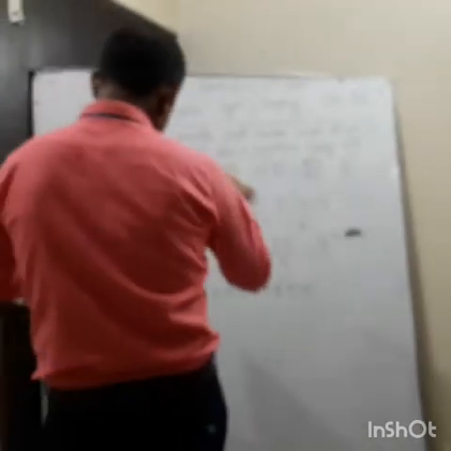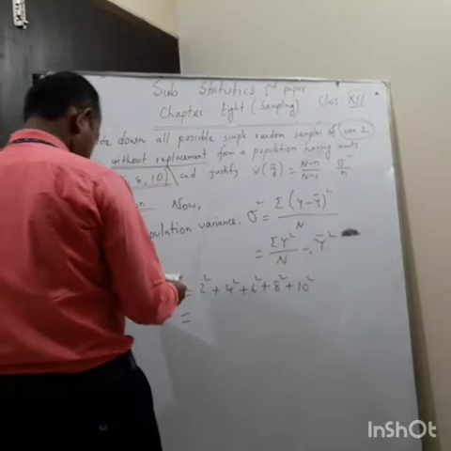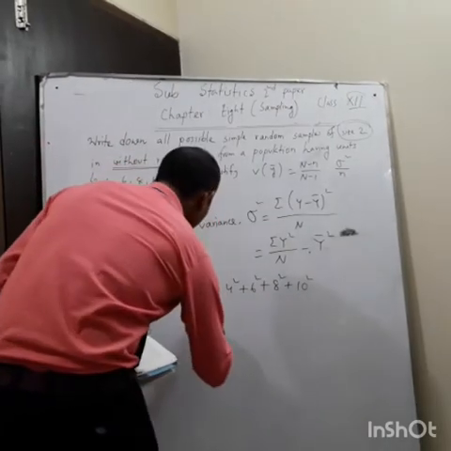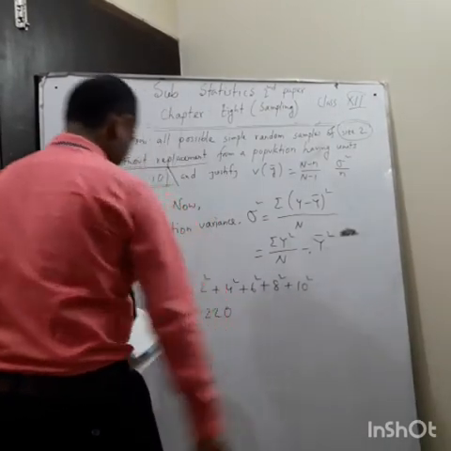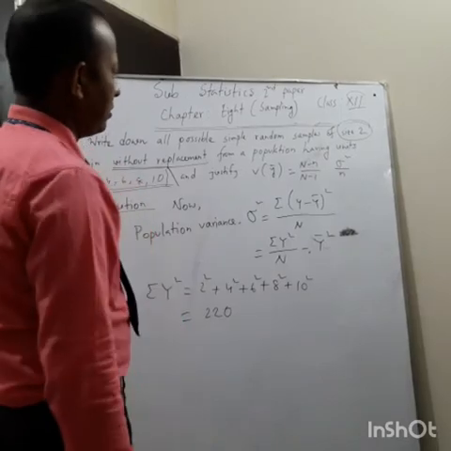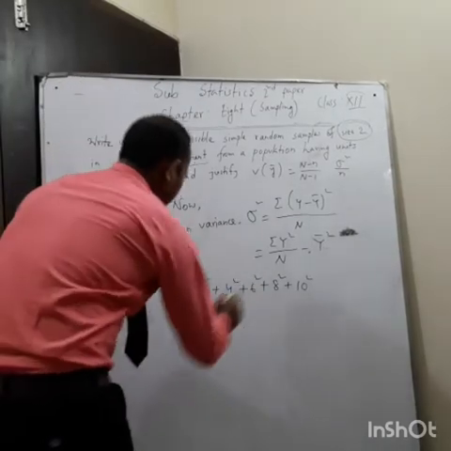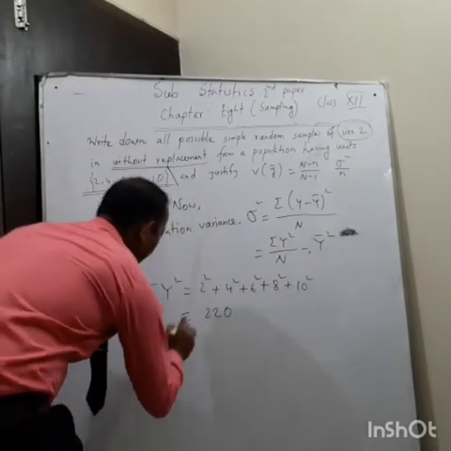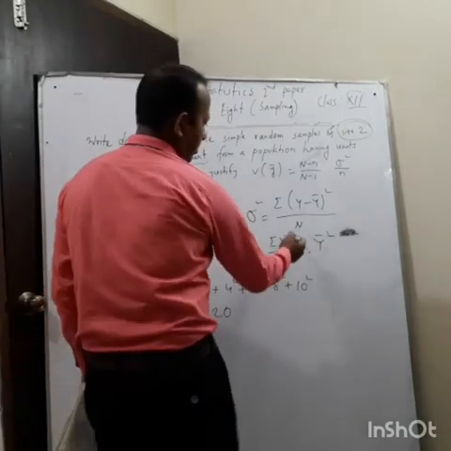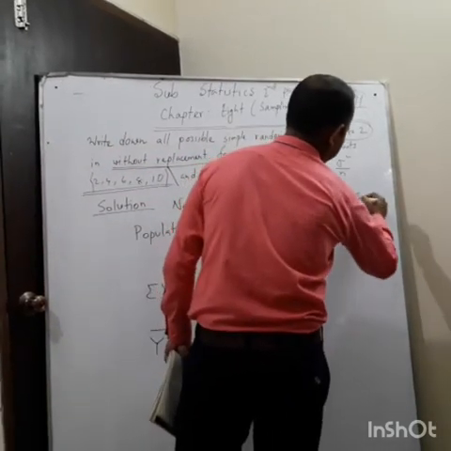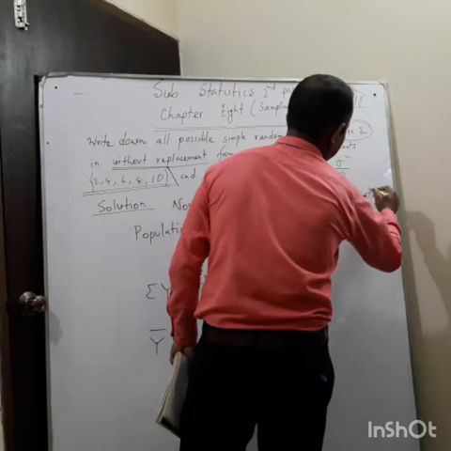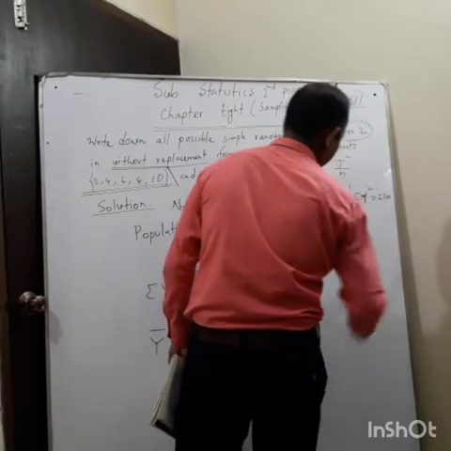So summation y square equals 2 square plus 4 square plus 6 square plus 8 square plus 10 square, and its sum we get is 220. So we get summation y square equal to 220.